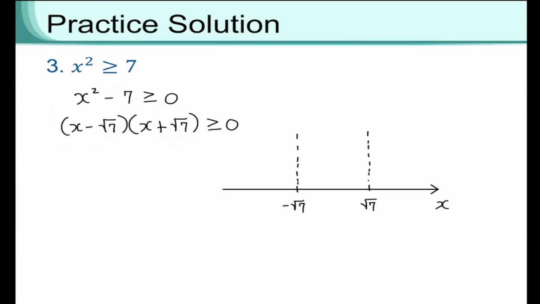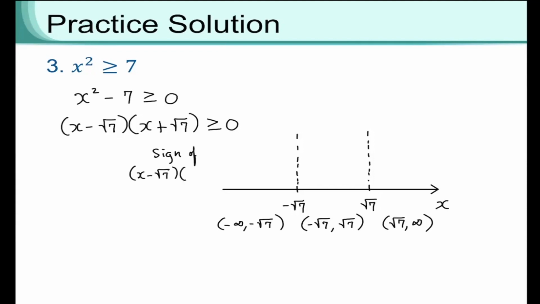Now we have to consider the intervals: negative infinity to negative square root of 7, the interval negative square root of 7 to square root of 7, and the interval square root of 7 to infinity. So we want to determine the sign of the left-hand side, which is x minus square root of 7 times x plus square root of 7.